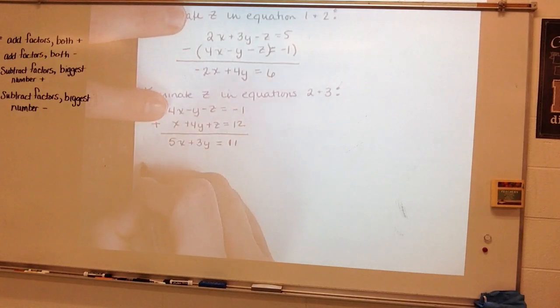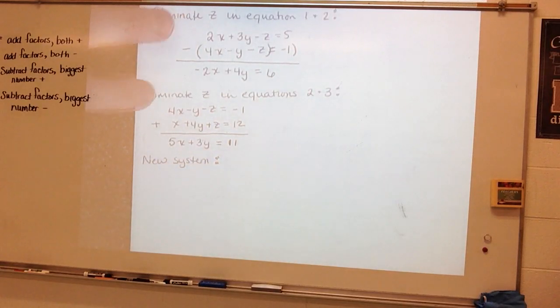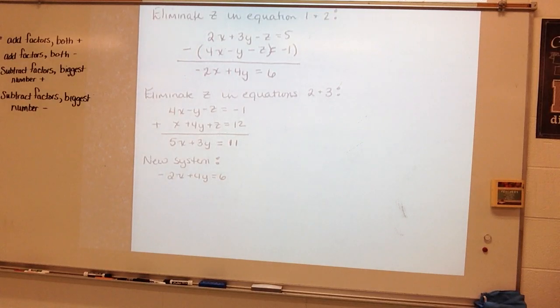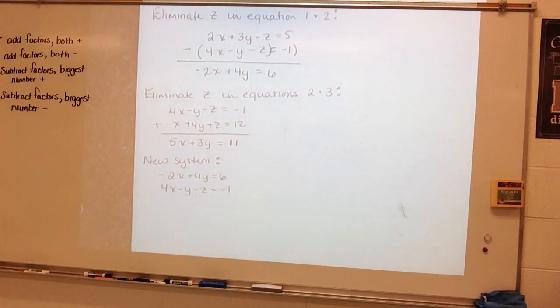So here's our new system. Alright, so our new system looks like this. Negative 2x plus 4y is equal to 6. 4x minus y minus z is equal to negative 1.